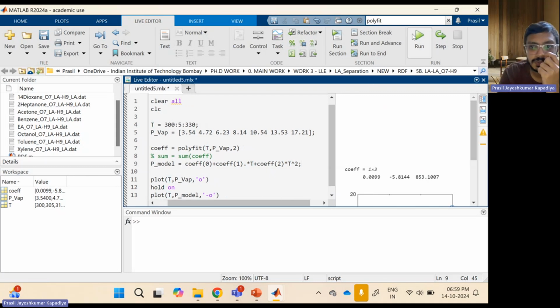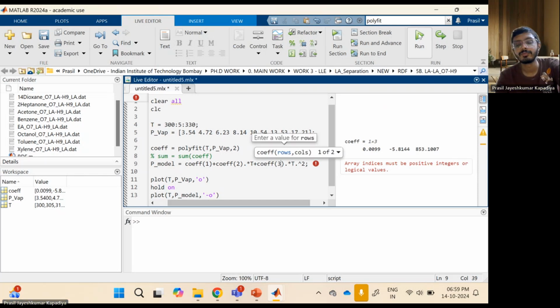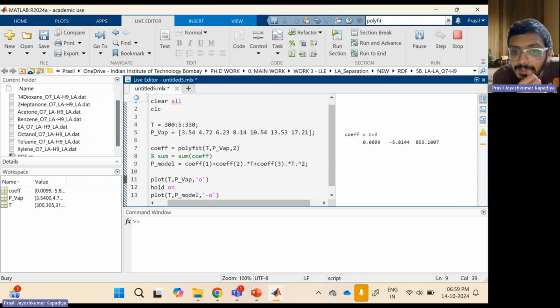Okay, so this is what I want to plot. It will throw an error. Yeah, here, here, and here. Okay. Oh yeah, sorry. It should be 1, 2, and 3, not 0, 1. I'm sorry. 1, 2, and 3. And let's see what we are getting.